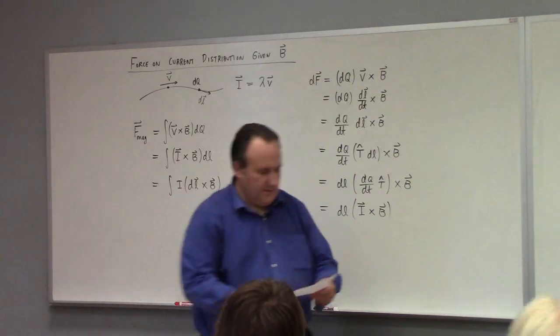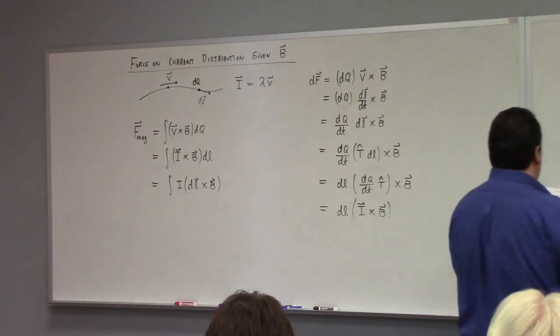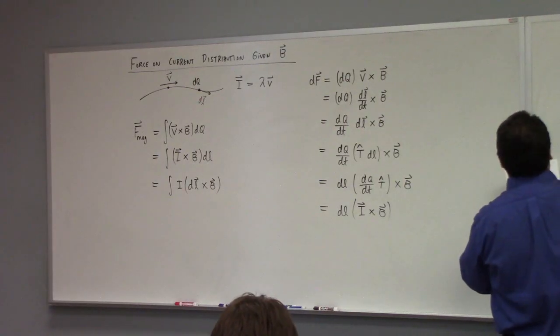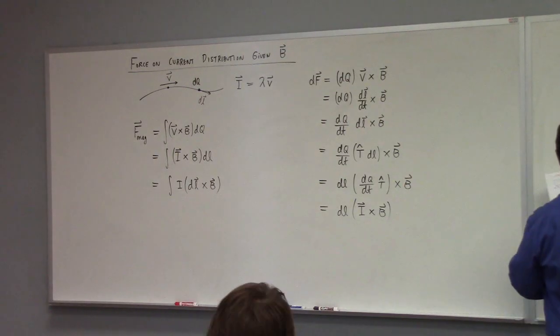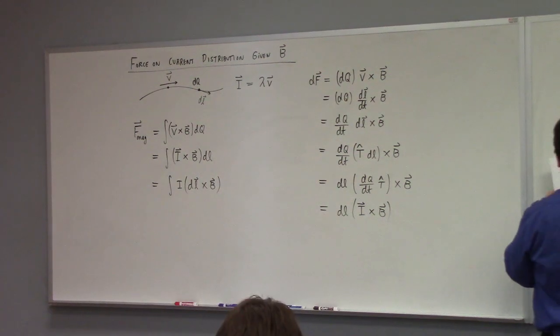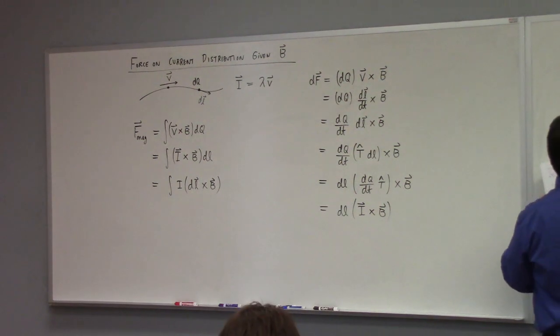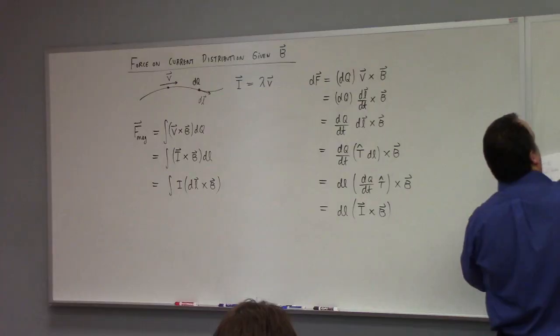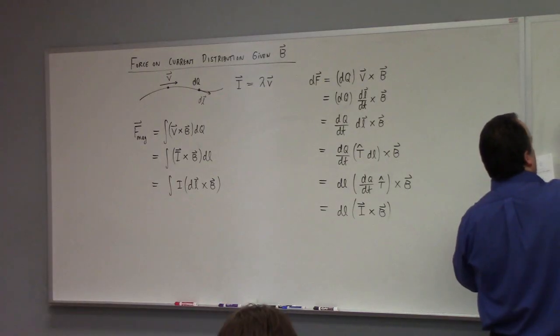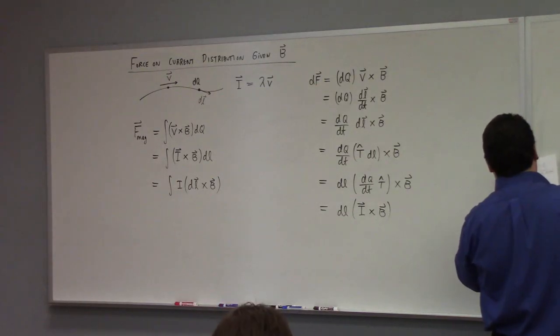But then, perhaps more interestingly, we can also talk about a surface current, all right? And here you've got some ribbon, and so this distance, the dl perpendicular, all right?